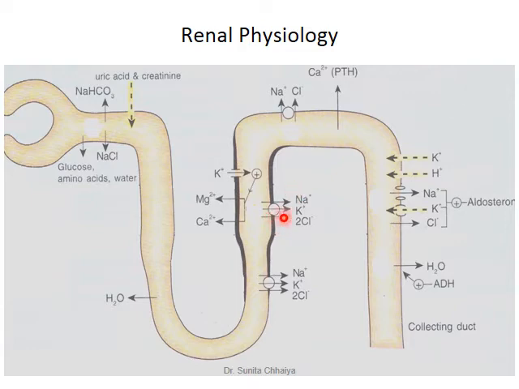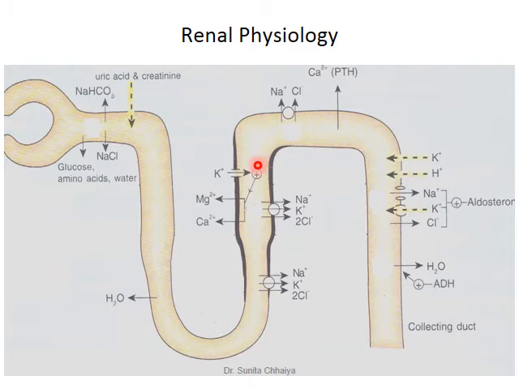When sodium and potassium are reabsorbed across the basolateral membrane in this cell, potassium ion is also diffused inside the cell by using the sodium potassium ATPase pump. So inside the cell there is an increased potassium level that is maintained by opening of the potassium channel on the other side, and that potassium ion is diffused back to the tubular fluid.